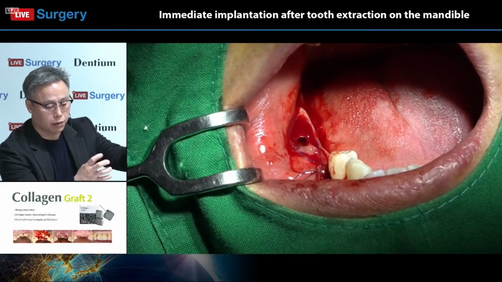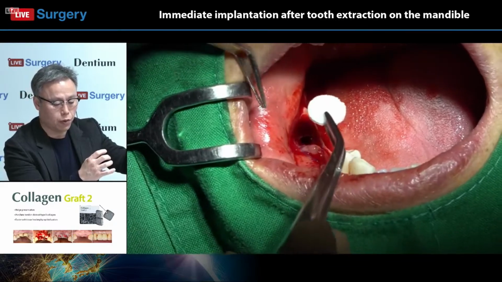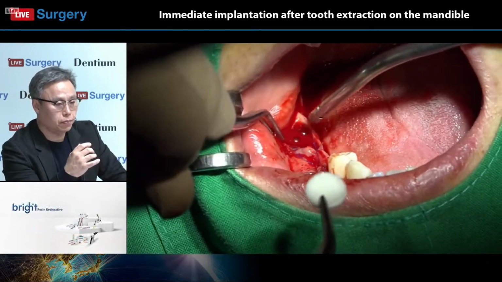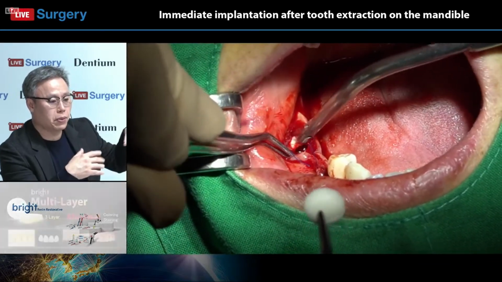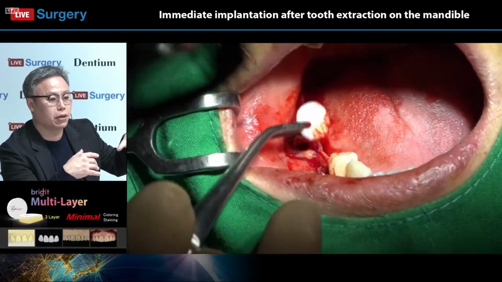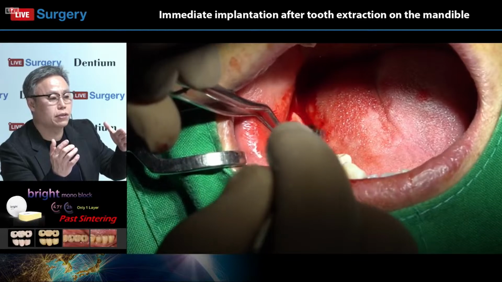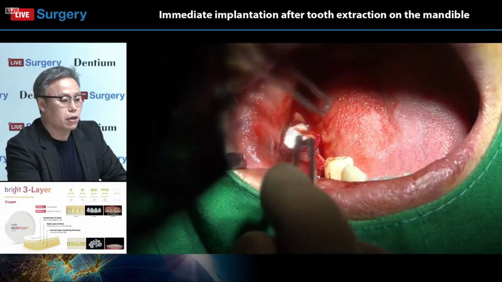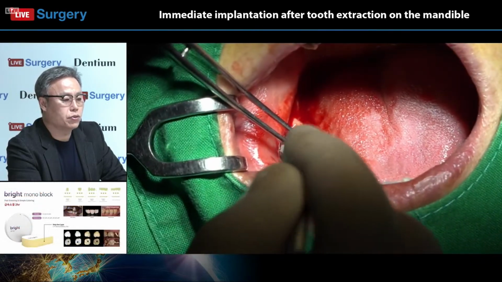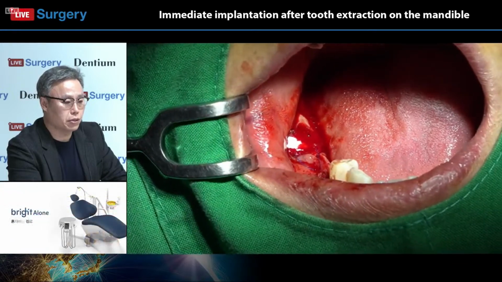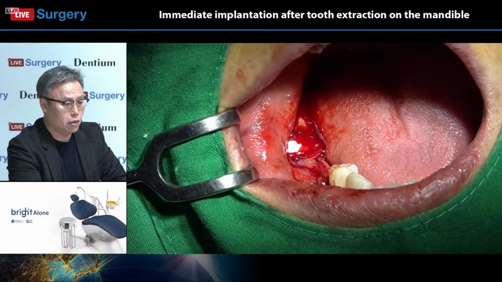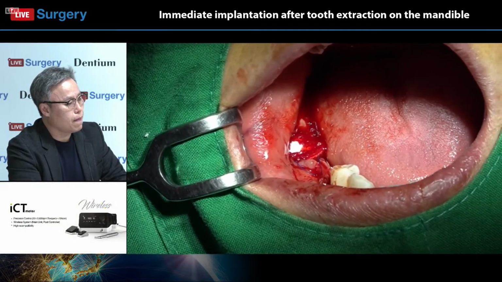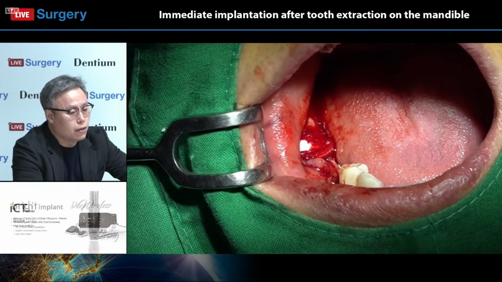This was an extraction socket. Soft tissue was not enough for primary closure, but he used, let me tell you, the flap advancement and he successfully made primary closure. And also, I think he's using the collagen matrix to cover the... let me see.